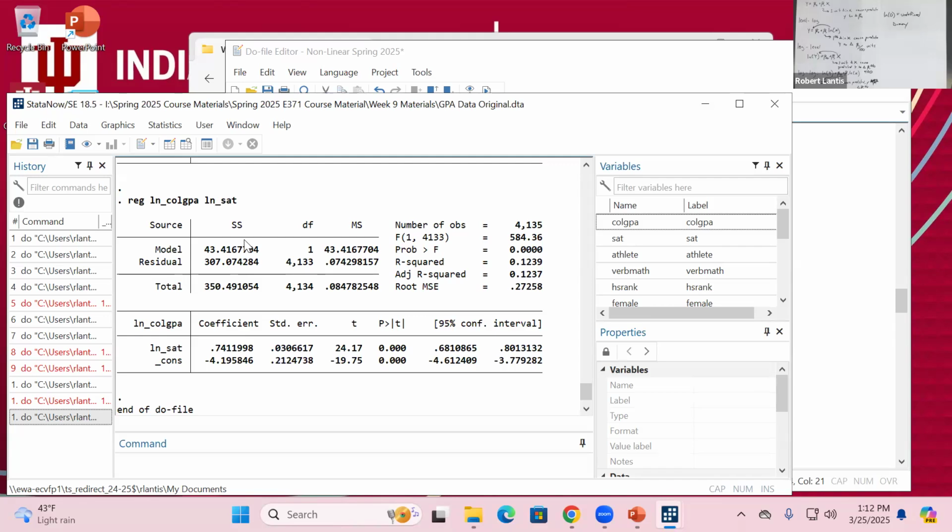Okay. Does this make any sense? Yeah. So I wouldn't be able to compare this R squared to the regression between regular college GPA and SAT. Nope. Because I have to have my dependent variable be the same.